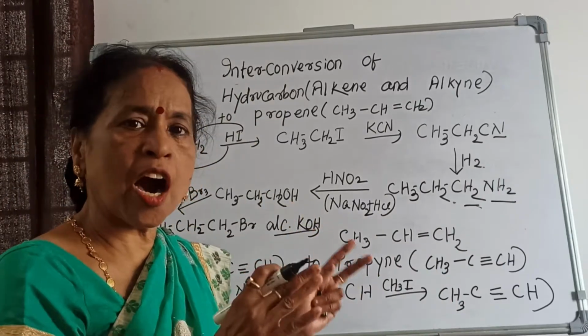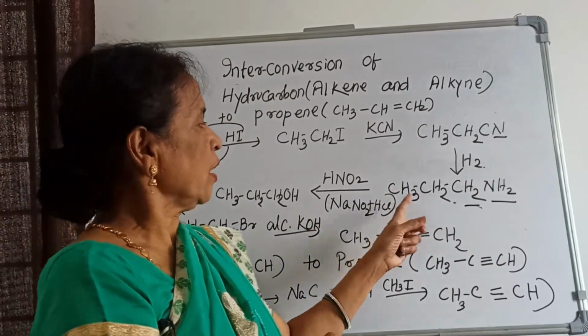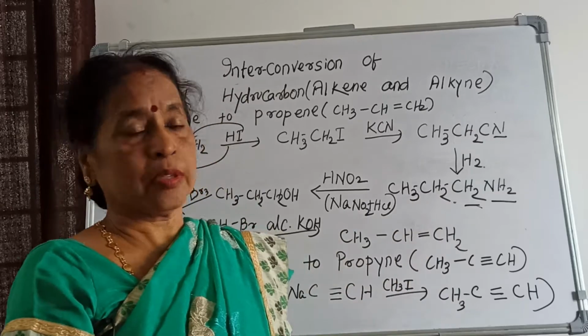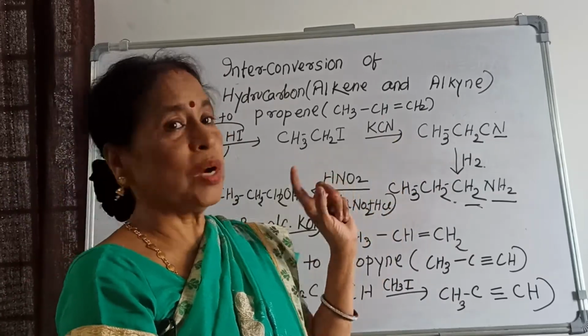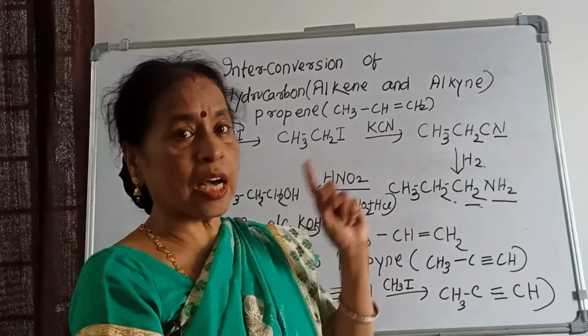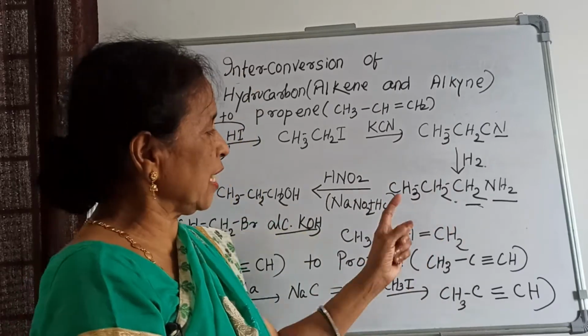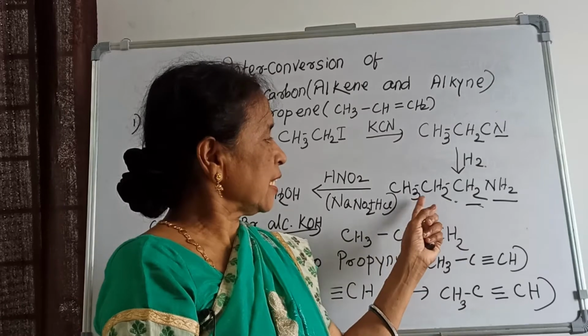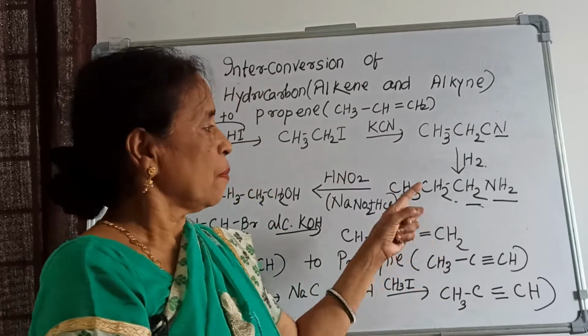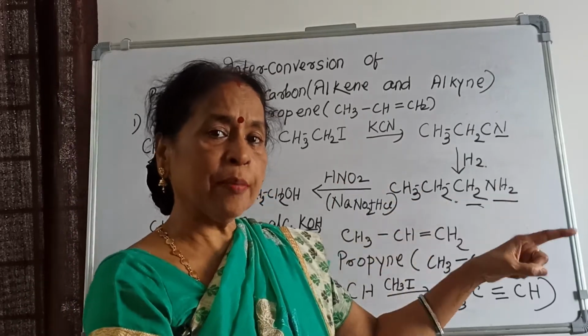Then how many carbon atoms are here now? 1, 2, 3, 3 carbons. And before that, in the hydrocarbon, 2 carbons, and here 3 carbons. What is the name? Propyl. CH3CH2CH2 propyl. NH2 means amine.